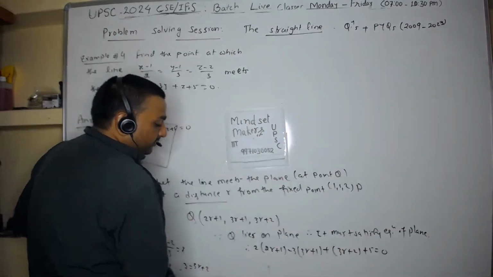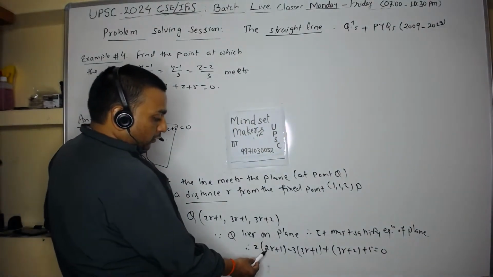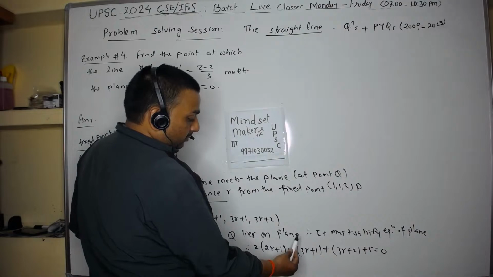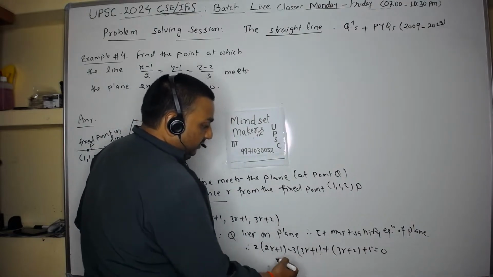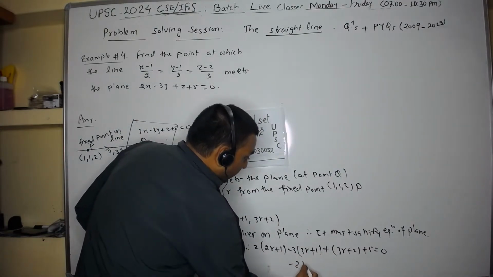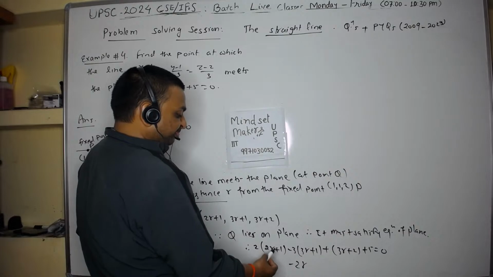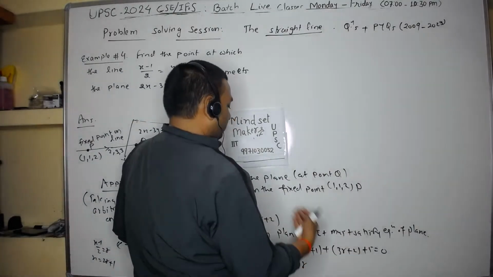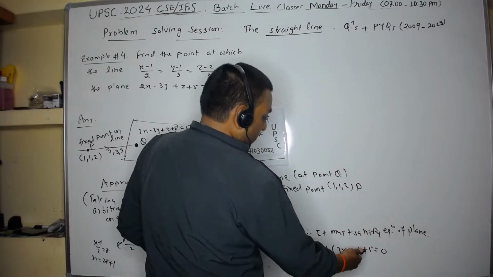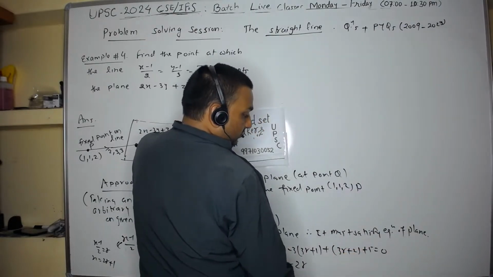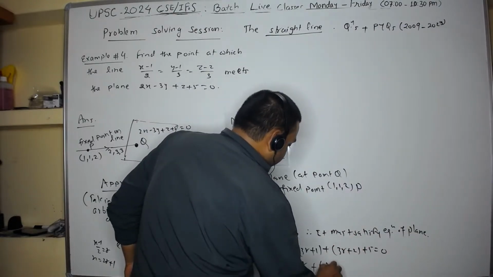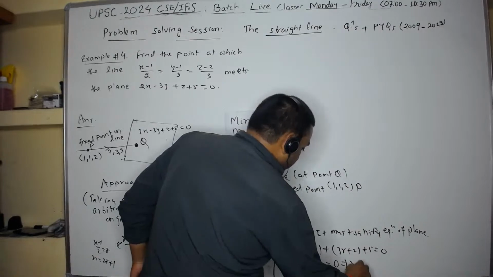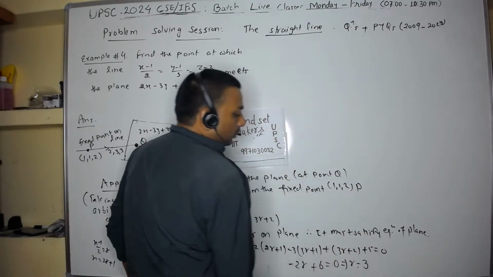If you solve this, you get 4r minus 9r plus 3r, so I get minus 2r. Then 2 minus 3 minus 1 plus 2 plus 1 plus 6 equals 0. This implies the value of r is 3.